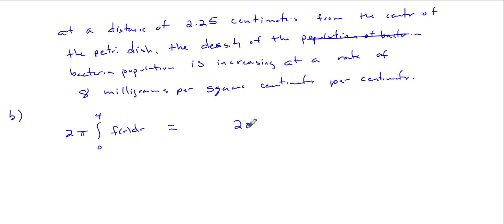That would be 2 pi times, and then if we use the right Riemann sum, it would be the width of 1 times the right height of 2, plus leave a space, because I'm going to add some stuff in a minute, width of 1, right height of 6, plus width of 0.5, right height of 10, width of 1.5, right height of 18. That would be the approximation here, right?